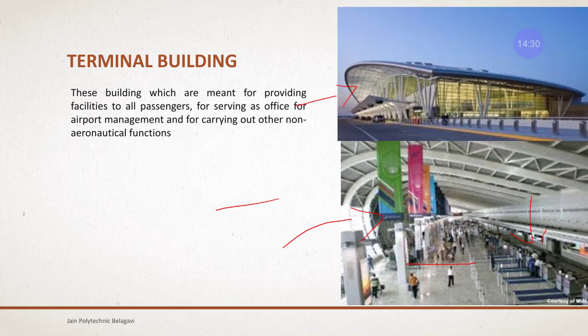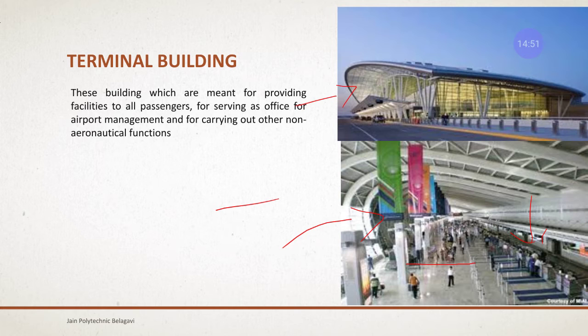These buildings are meant for providing facilities to all the passengers and for serving as an office for the airport management, where the management work goes on: which flight will be moving at what time, which passengers are to be given which gate numbers.